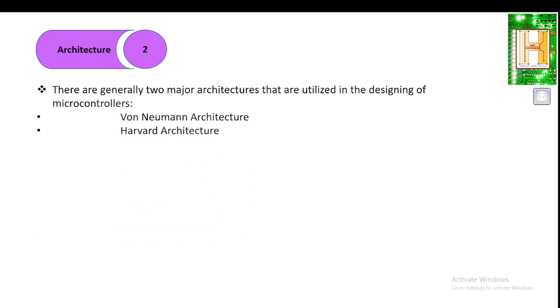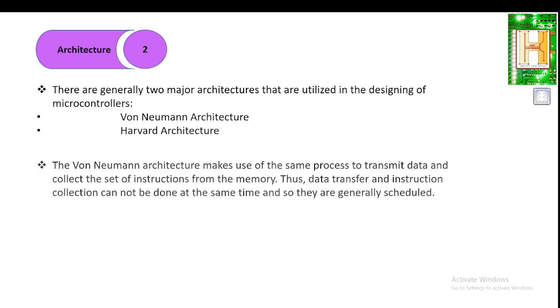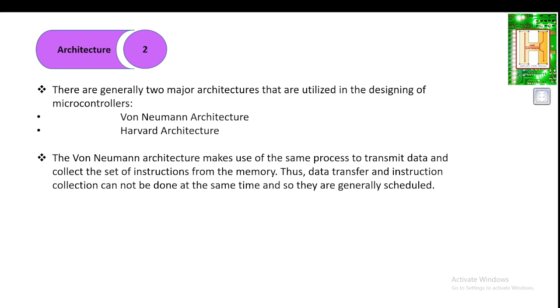One is the Von Neumann architecture and the other is the Harvard architecture. The Von Neumann architecture makes use of a single pathway to transmit the data and collect the set of instructions from the memory. Thus, data transfer and instruction collection cannot be done at the same time, so generally they are scheduled. That is somewhat of a complication in this architecture.